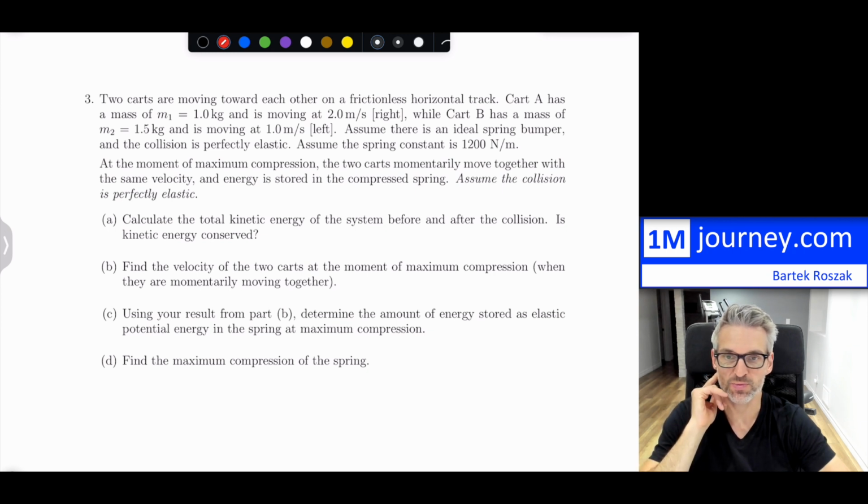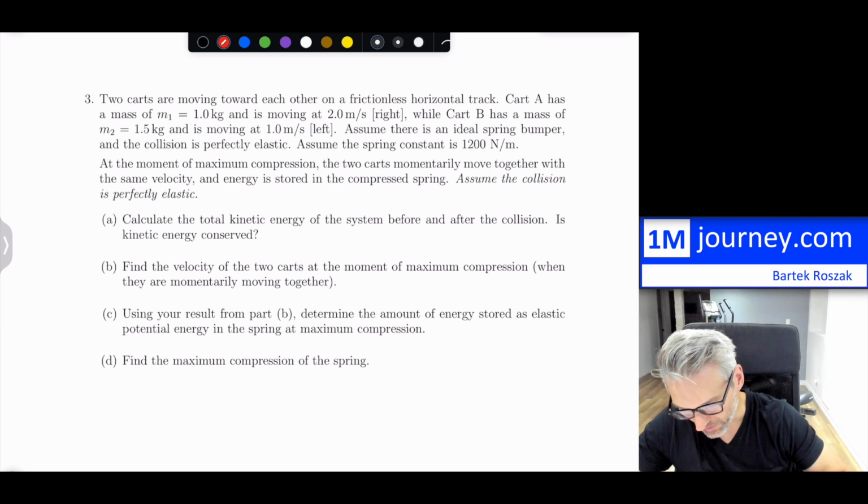Assume there's an ideal spring bumper and the collision is perfectly elastic. Assume the spring constant is 1,200 newtons per meter. At the moment of maximum compression, the 2 carts momentarily move together with the same velocity and energy is stored in the compressed spring. Assume the collision is, okay, so they mentioned that a couple of times.